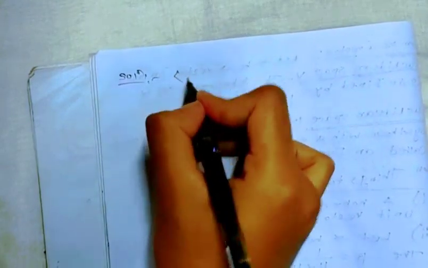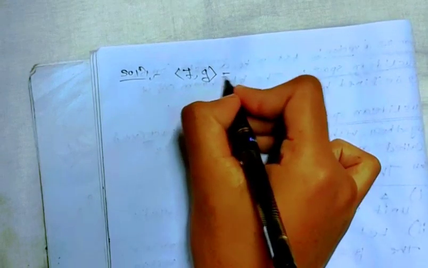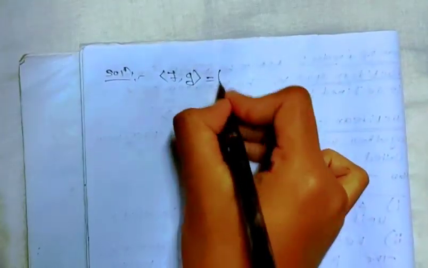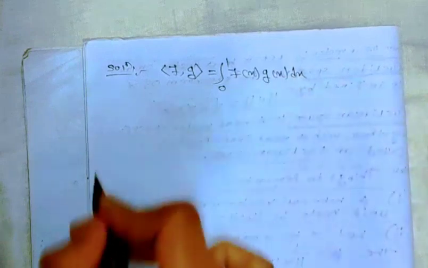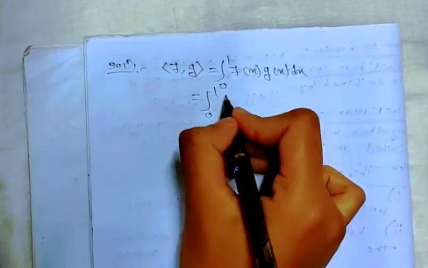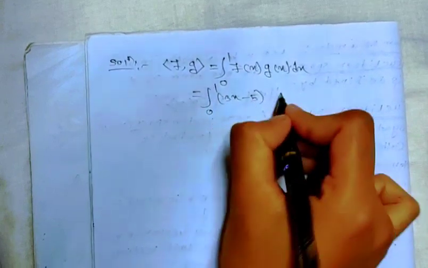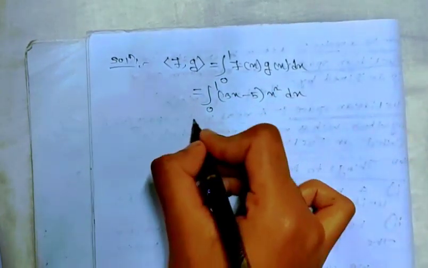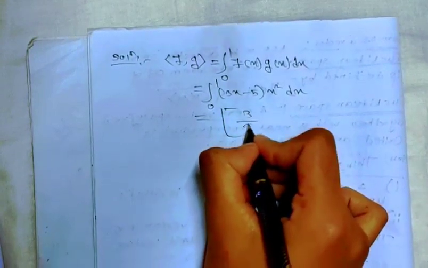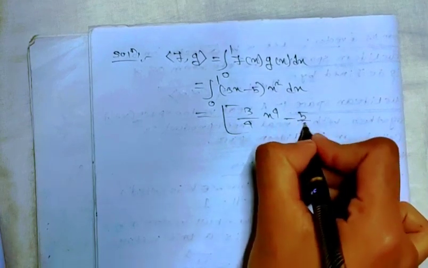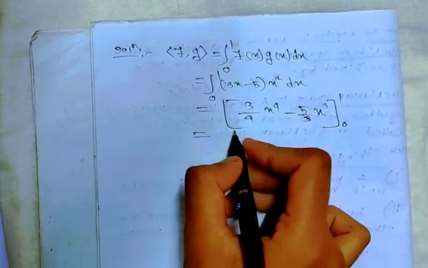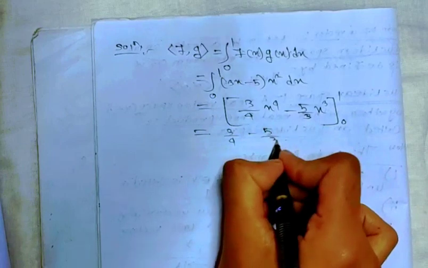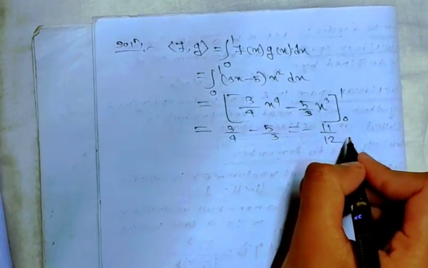Now the solution of this. Inner product of f, g equals integration 0 to 1 f(x) g(x) dx, which equals 0 to 1 (3x minus 5) into x square dx, equals 3 by 4 x to the power 4 minus 5 by 3 x cube. After integrating, applying the upper limit and lower limit, 3 by 4 minus 5 by 3 equals minus 11 by 12.